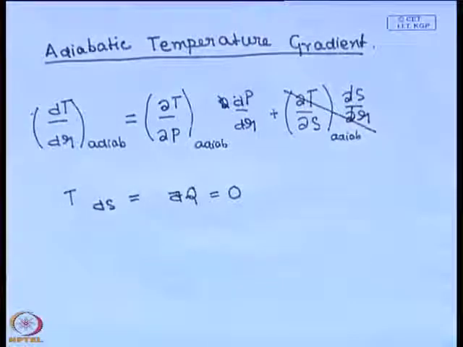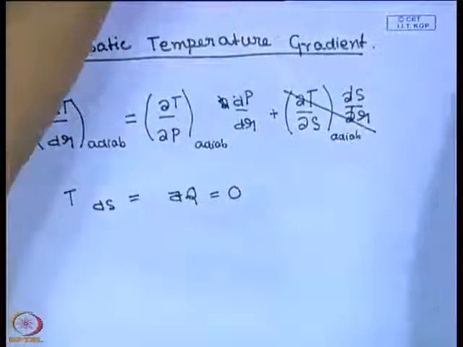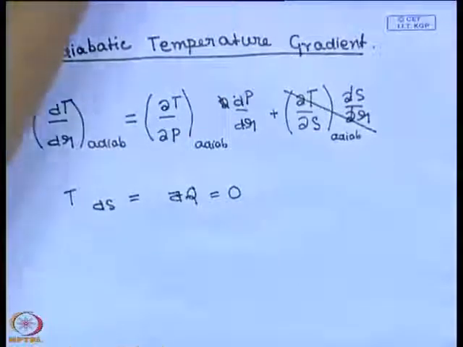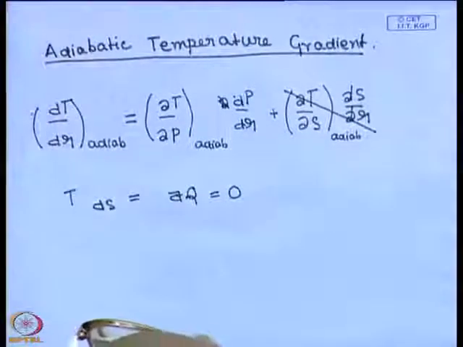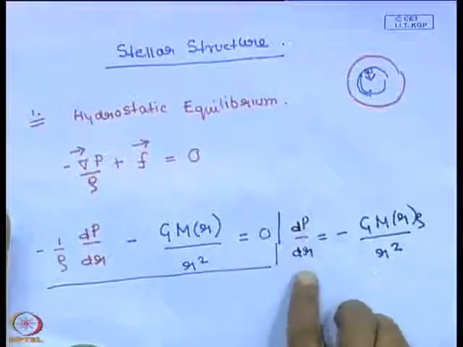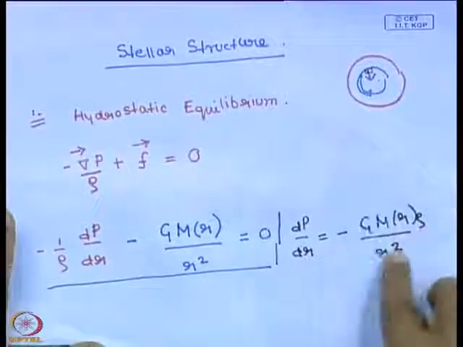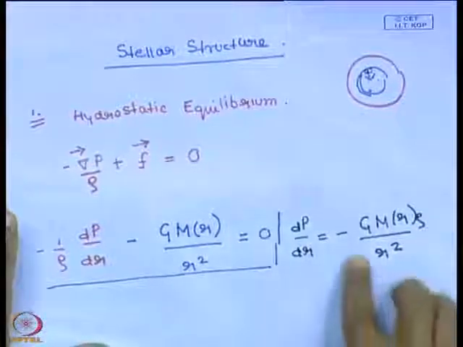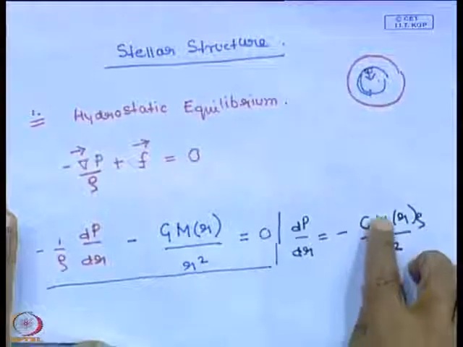And the pressure gradient, we already have an equation for the pressure gradient. So, let me show you that equation. That was the hydrostatic equilibrium. So, this is the pressure gradient, dP dr is the gravitational acceleration of the matter inside into the density.